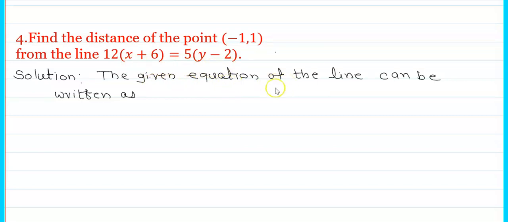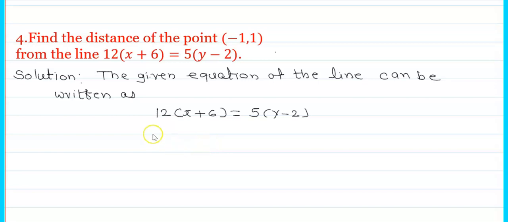The given equation of the line can be written in the standard form. First we write the equation 12 in bracket x plus 6 is equals to 5 in bracket y minus 2.